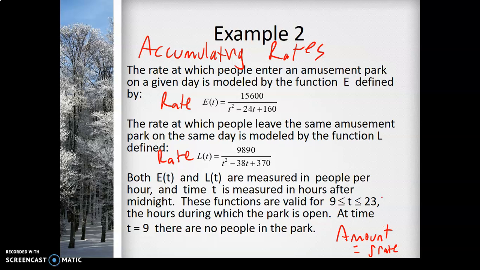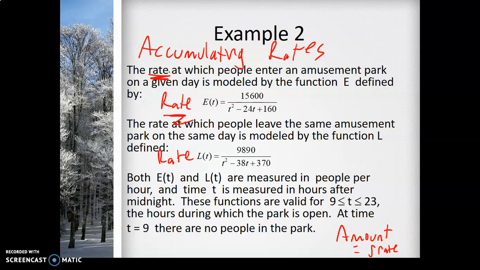So when you're answering these types of questions, make sure you pay attention to what they give you. Even though capital E we don't think of as being a derivative, this equation, since it's a rate, it's the derivative of some amount equation that we don't know. So pay attention to what they give you in the problem.